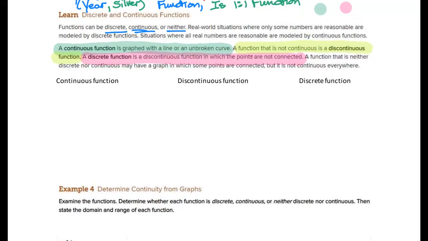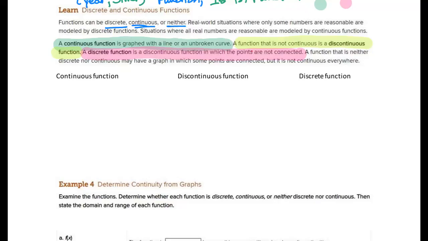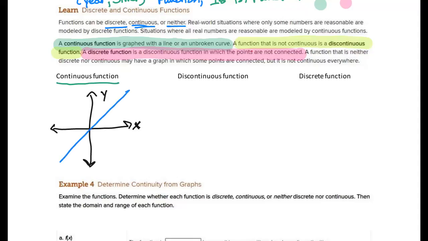All right, so here are my different types. First up, a continuous function. Draw very quickly a coordinate plane with your x and your y. And here's a continuous function. It is going to be a line, and that's continuous because it goes on forever.